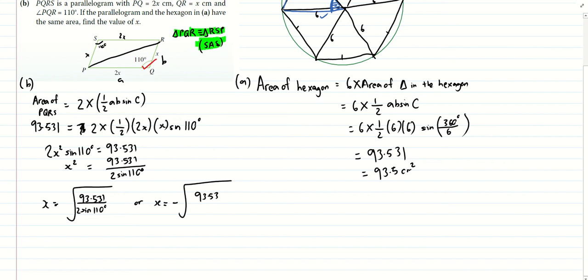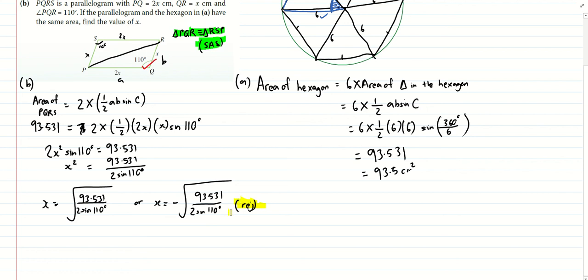But in this case, because I know x represents the length, I will just immediately show my rejection over here. Now in some cases, some examiners will close one eye if you don't include this part. Some examiners might not. But because we aim for mathematical perfection in our presentation of our working, let's include the reject part over here.